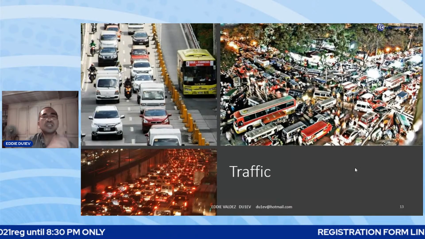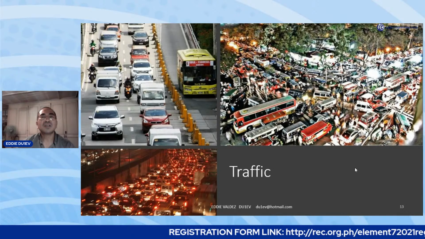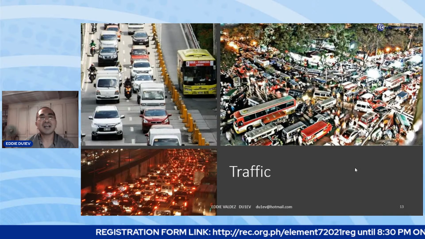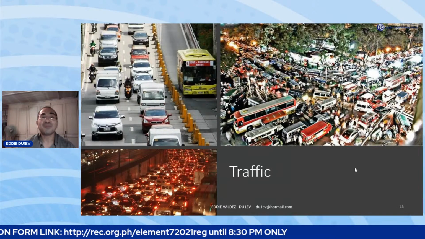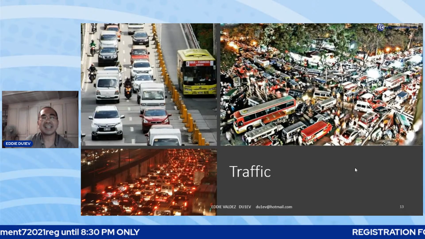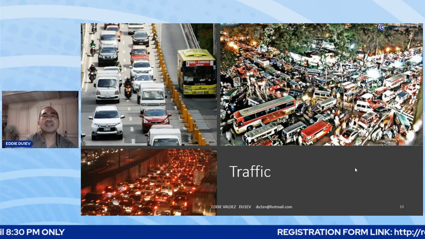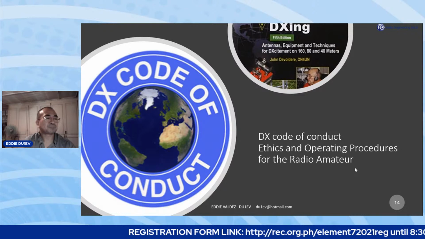Although CW is allowed all over the bands. Kung mag-transmit ka, may sasagot ba sa'yo? May tao ba doon? So, dapat alam mo kung ano yung lane. Yun yung kaya ko pinakita yung picture na yan.